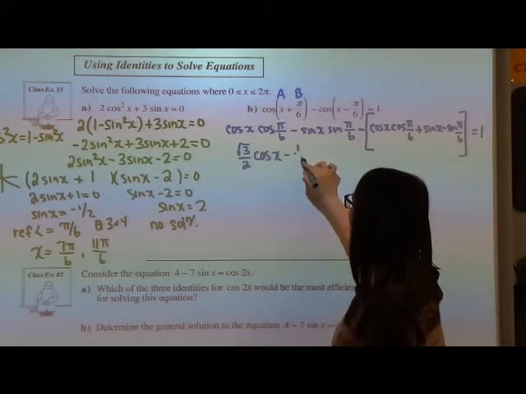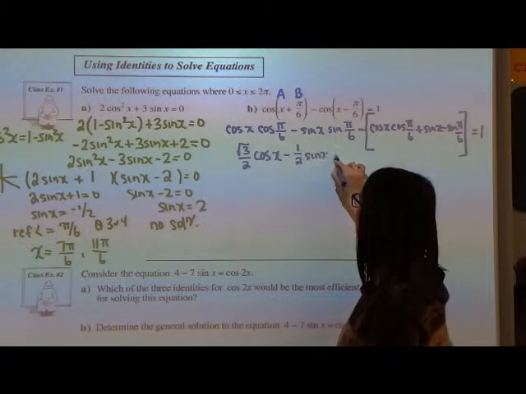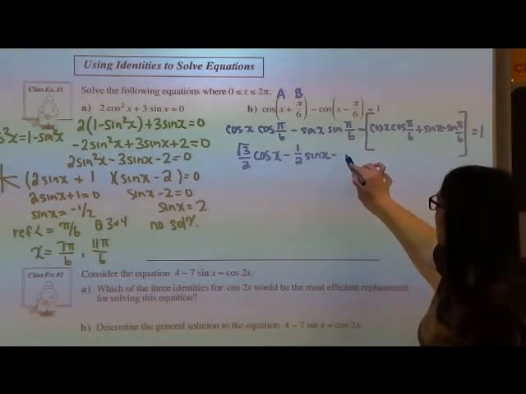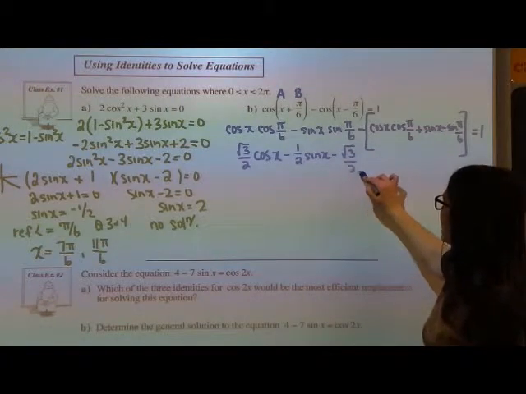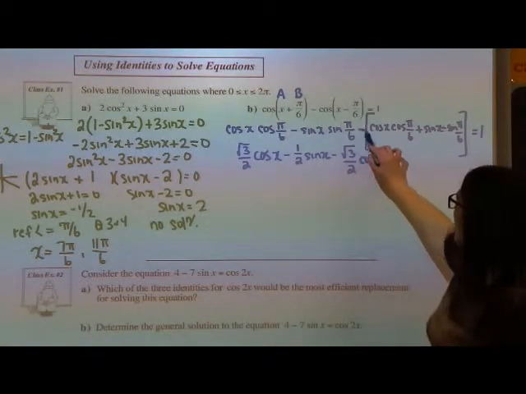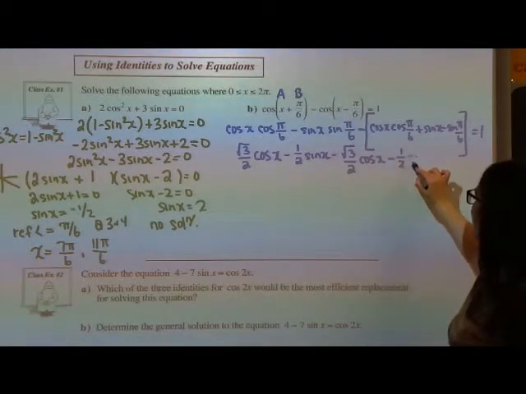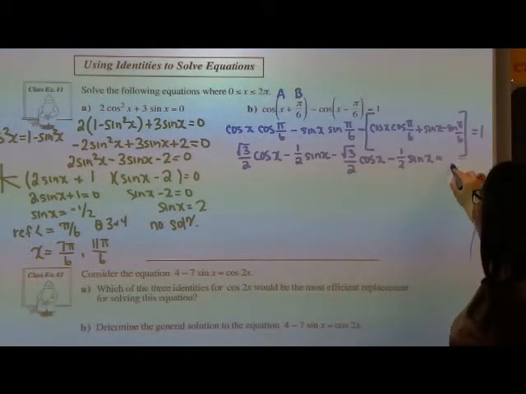So minus 1/2 sin x. And I already know this is now root 3 over 2, so I have minus root 3 over 2 cos x. Minus this positive, so then I get minus 1/2 sin x equals 1.